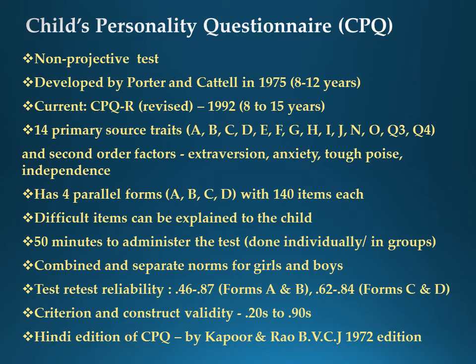Also, the test can be used to understand personality in terms of cultural differences. So there were studies which were done on the CPQ, where in Australia, England, Germany, France, etc., children's personalities were studied, and they found out that the Australian profile is above an American profile in terms of shrewdness. So they're smarter than American kids.